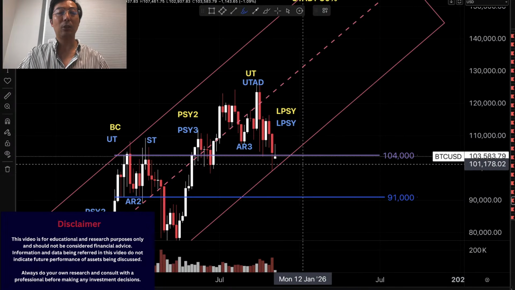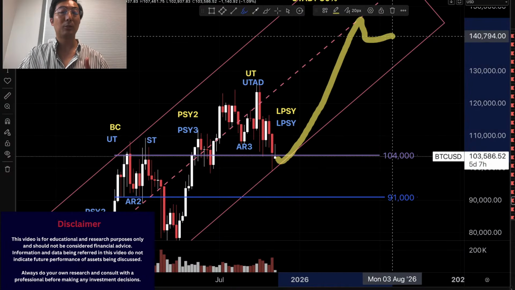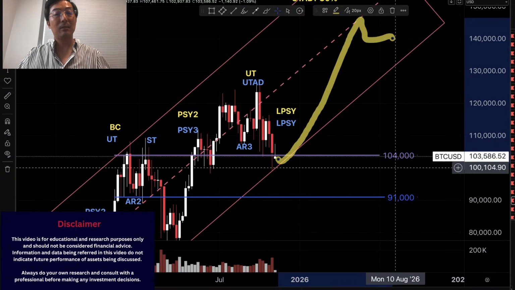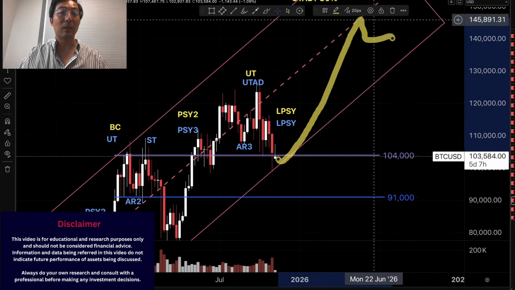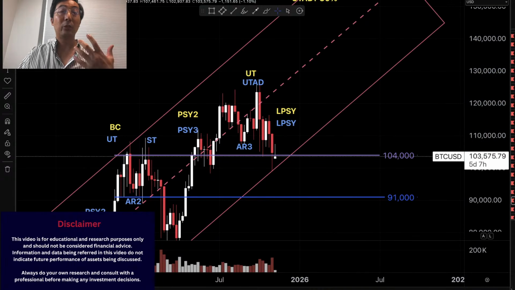If they don't see any reason for Bitcoin to shoot to, I don't know, 140k or 150k, that's like a 50% rise, right? So if they don't see any fuel to push it to that level, they're going to move their money to somewhere they may see giving them higher return.